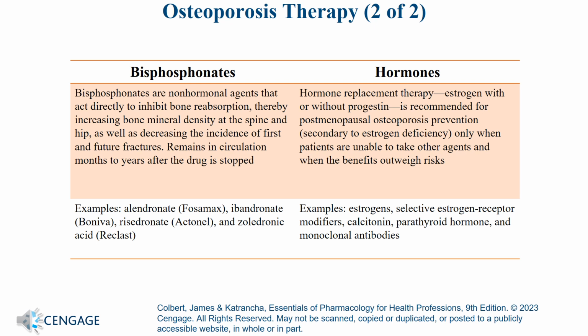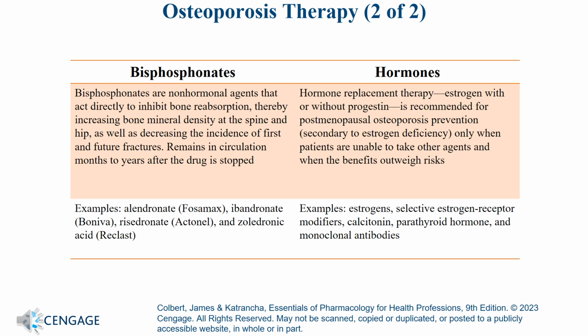I also want to mention raloxifene, which is your Evista. This information can be found on page 446. It is a selective estrogen receptor modifier, shortened to SERM, with estrogen agonist activity on bone and lipids, and estrogen antagonist activity on breast and uterine tissue.